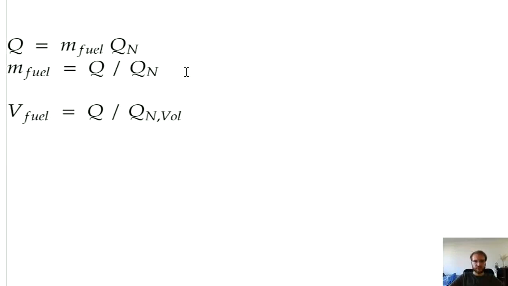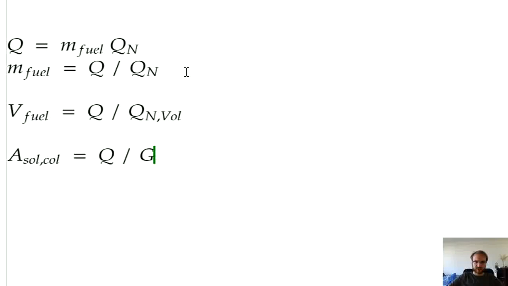or for the required area of solar thermal collectors we have the annual solar irradiation per square meter. So the area of solar collectors is just the annual heating demand divided by the annual solar irradiation.